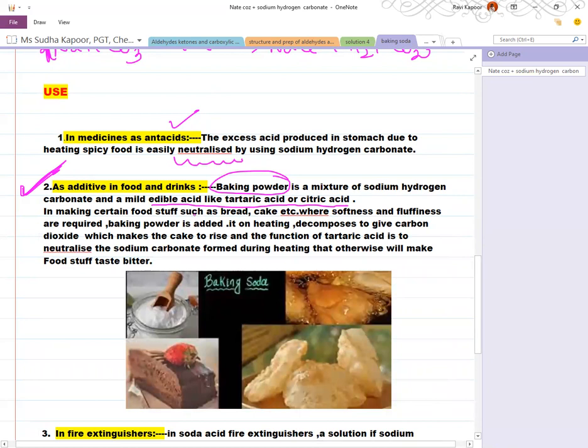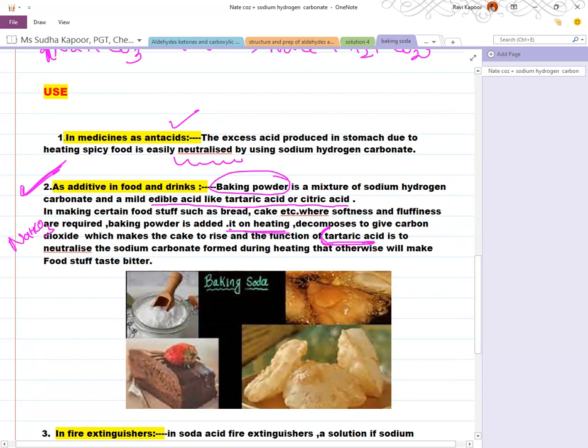When baking powder is mixed in the foodstuff and heated, the baking soda part decomposes to give CO2 effervescence, which makes the dough rise. But since baking soda is basic in nature, the food would become bitter. So tartaric acid plays a very important role.